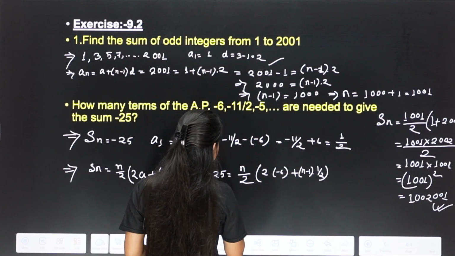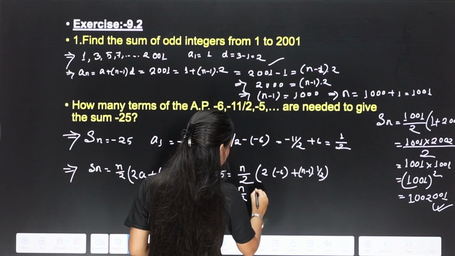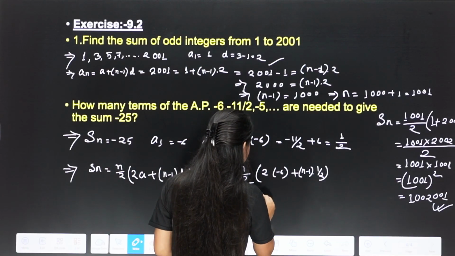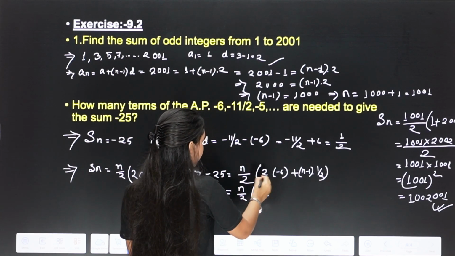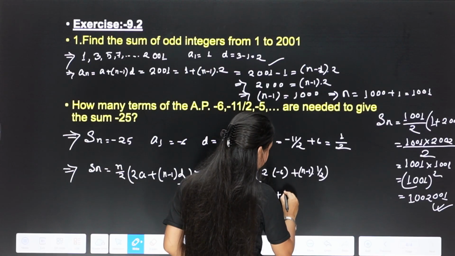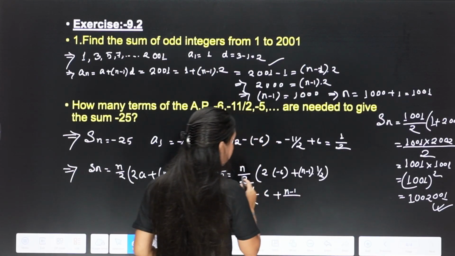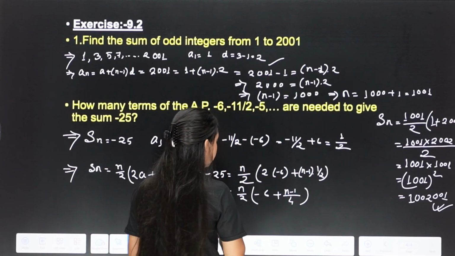Then we will solve it. Minus 25 is equal to n by 2 into minus 12, if we multiply it by 1 by 2. Then it will be n minus 1 into 1 by 2, that is 1 by 4.